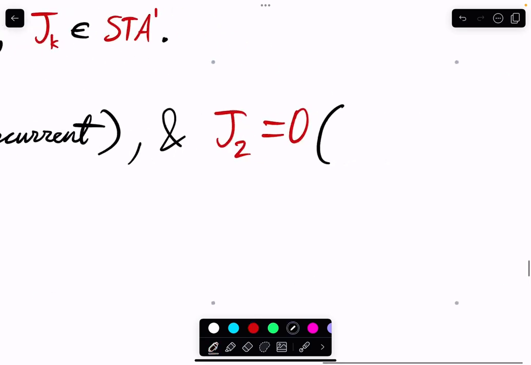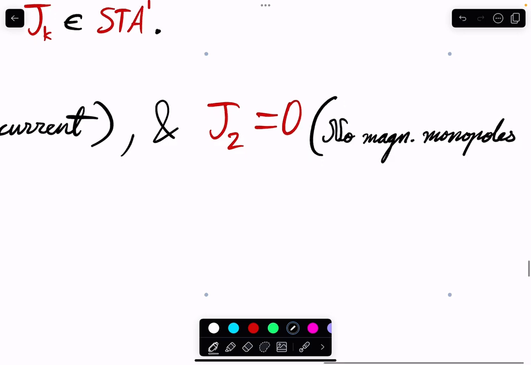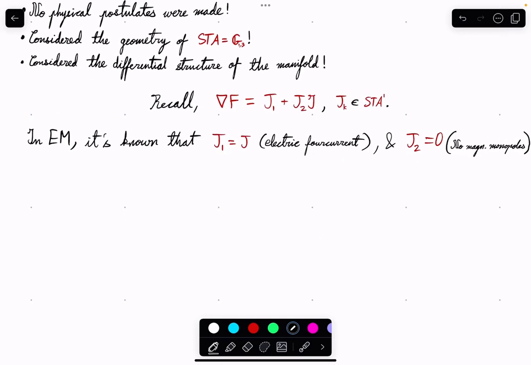This was a result of there being no magnetic monopoles, that there are no magnetic monopoles.